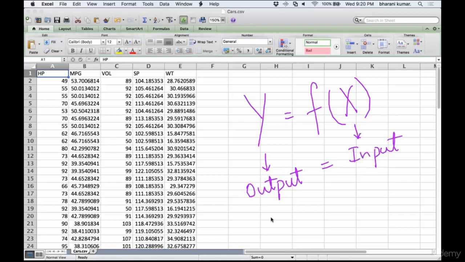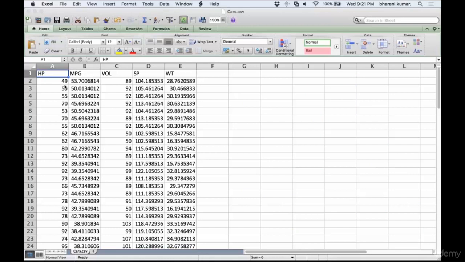If you want to predict weight gained of a person, it depends on calories consumed. If I want to know the price of a used car, it depends on miles driven, year of manufacture, make of the car, and so on. So any output that you want to achieve would depend on a function of inputs. Here also in this scenario, we want to predict the miles per gallon.